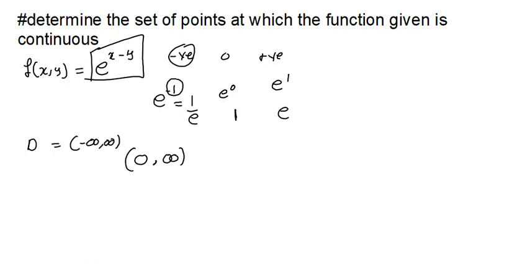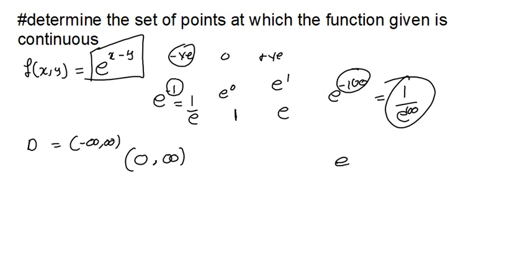What I mean is this: if you have e to the negative 100, this is simply 1 over e to the power 100. This value is very, very small. As the power gets smaller and smaller, at some point you have e to the negative 1000, and it will be approaching zero.